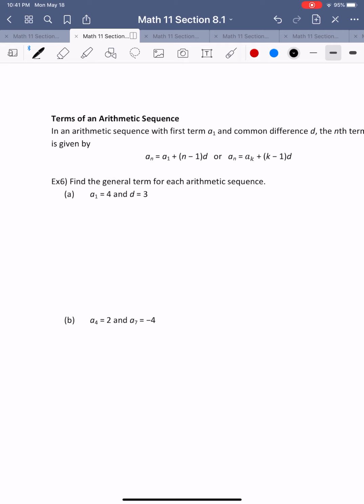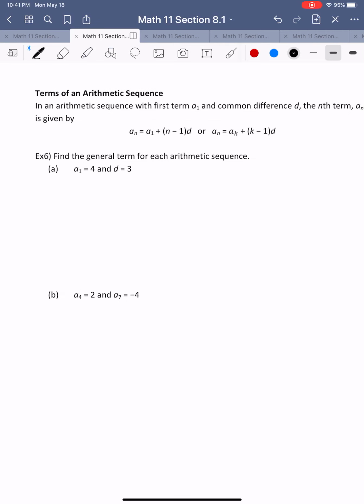All right, so terms of the arithmetic sequence, okay, this we call the general form. Or you can put it this way too, okay? All right, so the first one uses the first term and d, and the second one uses any term and d, okay? Oh, okay, this is k minus r, so I don't know why they put it this way.